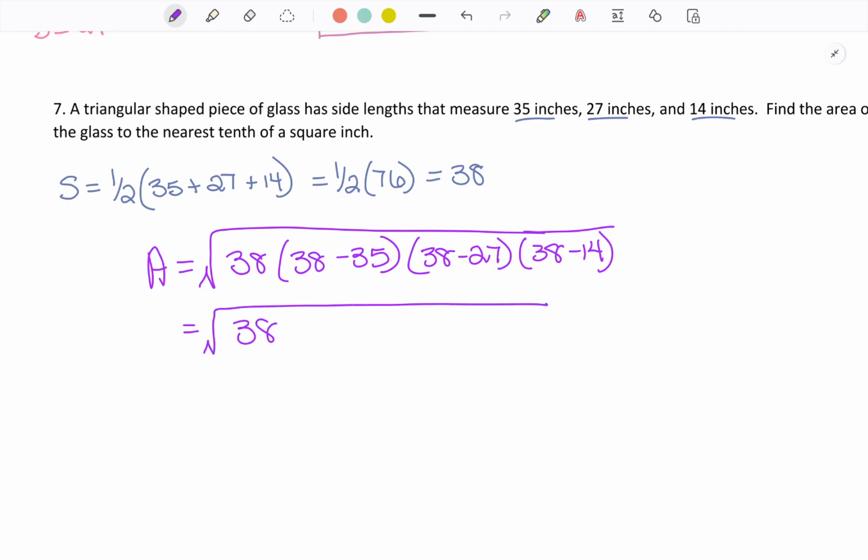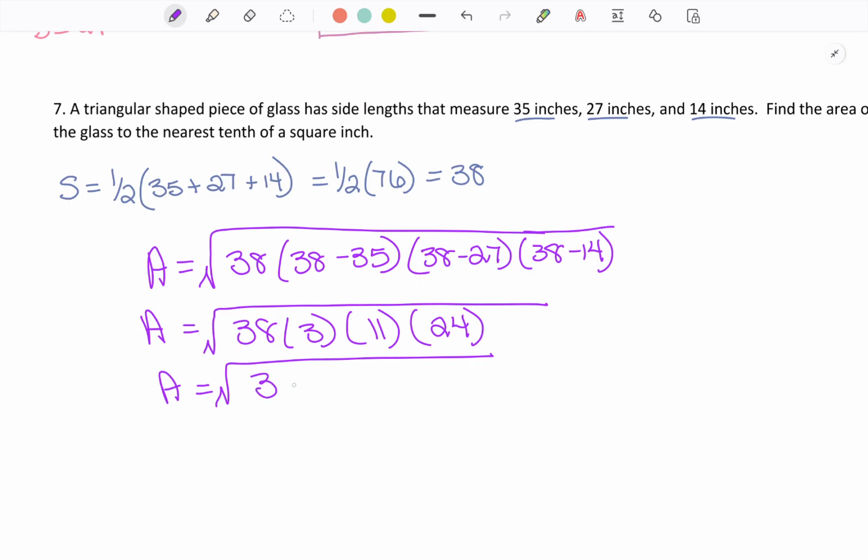So we have 38 times 3. 38 times 11. And then 38 minus 14 is 24. So when we multiply all of those underneath that radical together, we get 30,096. We'll take the square root, and that gets us 173.5 square inches.